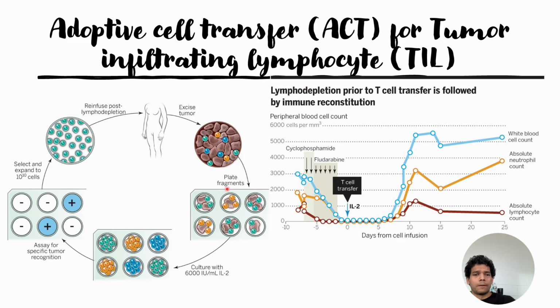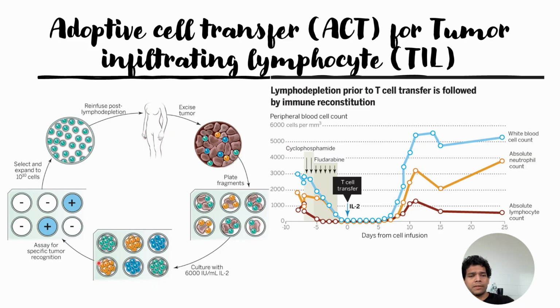So when they fragment the tumors and culture them in different wells in the presence of IL-2, some of the wells in which the lymphocytes are able to target the tumors will outgrow the tumors and ultimately kill them.